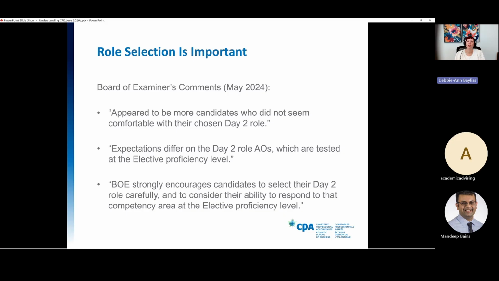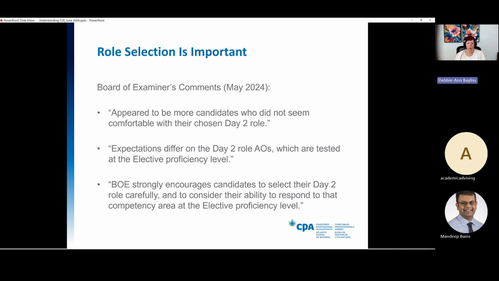It's lower than what you would need for a competent performance management assessment opportunity. The Board of Examiners strongly encourages candidates to select their day 2 role carefully and to consider their ability to respond to that competency area at the elective proficiency level.